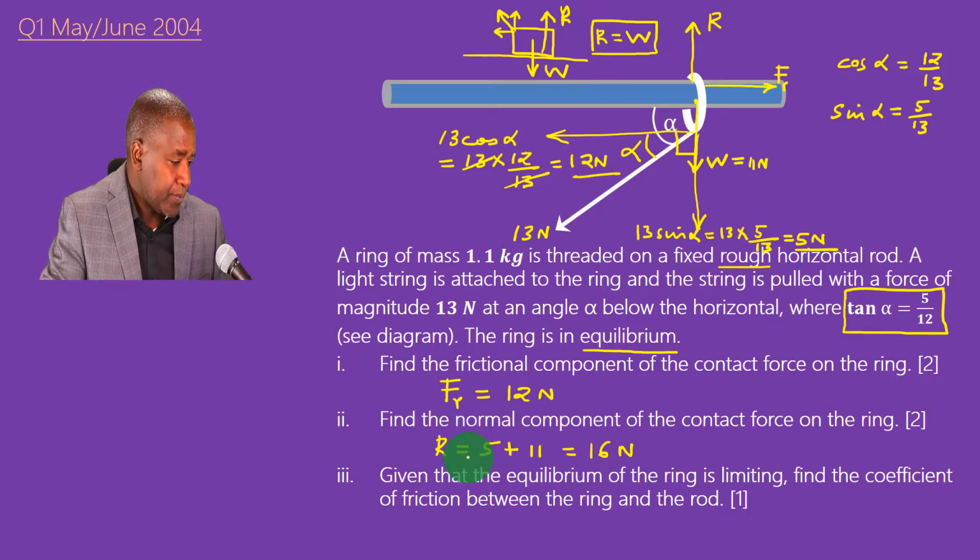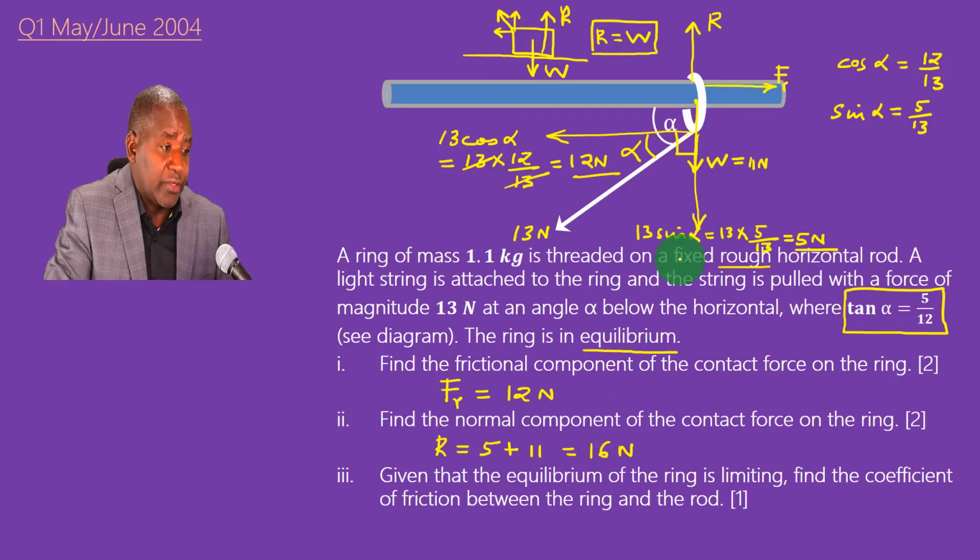In such a situation, many students will make this mistake of thinking that R is equal to 11 newtons, forgetting that actually there is this other force here which must be added onto it.